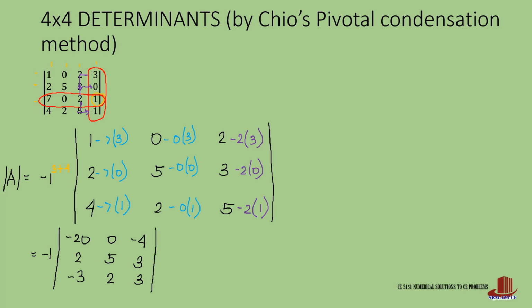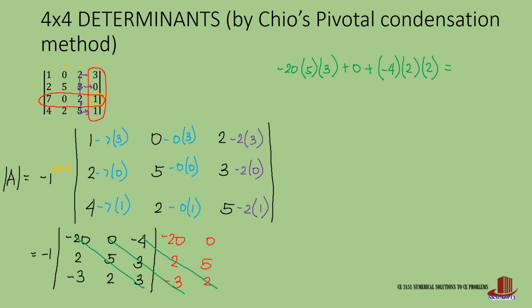Let's reflect our two columns. And take our positives. That would give us negative 20 times 5 times 3 plus 0 plus negative 4 times 2 times 2.